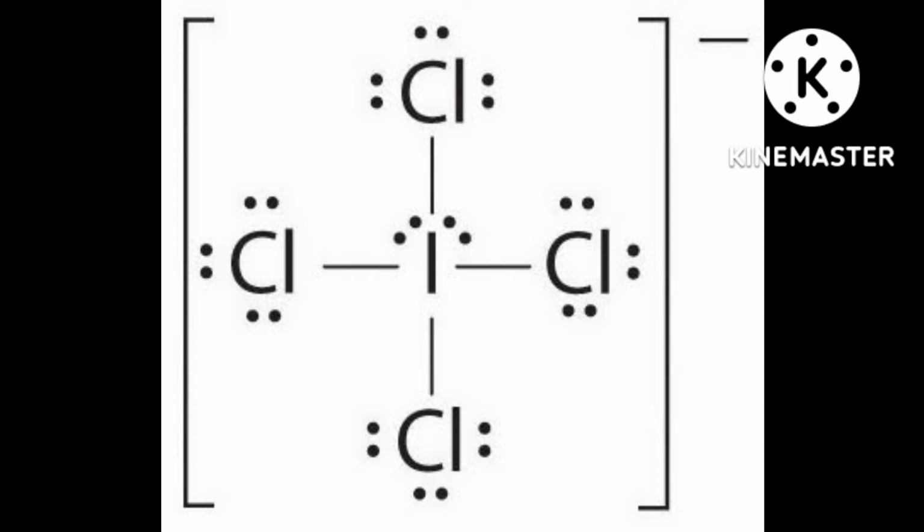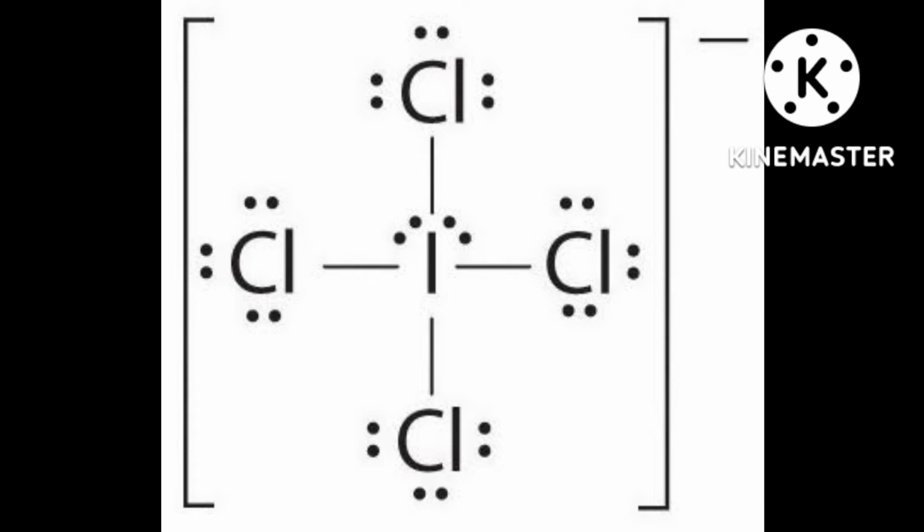Listen, in molecules with an odd number of electrons, molecules I am talking about, not atoms, like nitric oxide NO and nitrogen dioxide NO2, the octet rule is not satisfied for all the atoms.